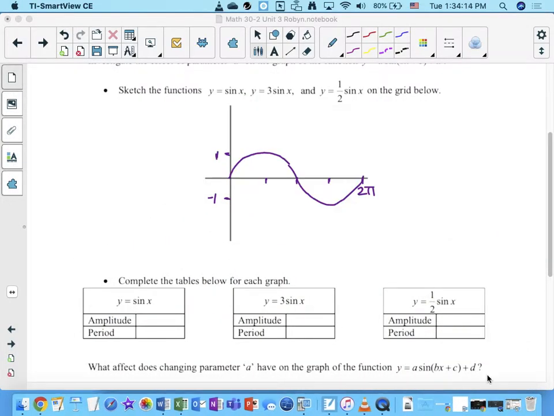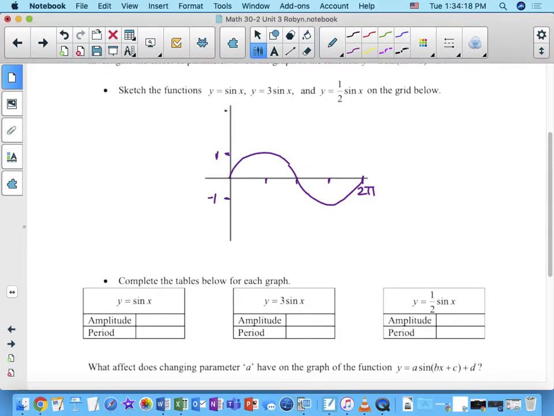So we had 1, 2, 3. This is y equals sine x. In fact, I'm going to be even more specific and add something that I don't have to put in: y equals 1 sine x.